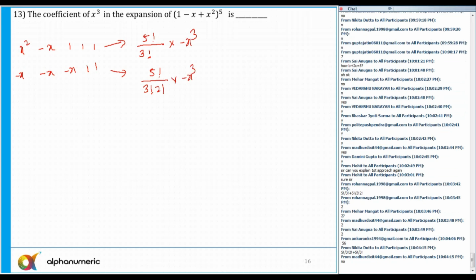So both the terms will be negative, isn't it? So what is the coefficient of x³? I can say add all of them. What will be the answer? Minus 5!/3! minus 5!/(3! into 2!). Both the terms will be negative. So in that case, it will be 5! by 3!. That will be equal to how much? Please tell me.